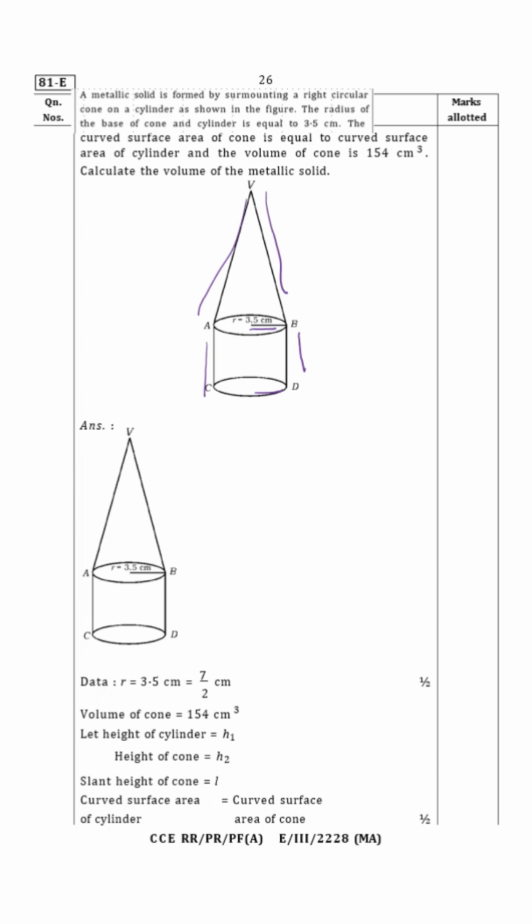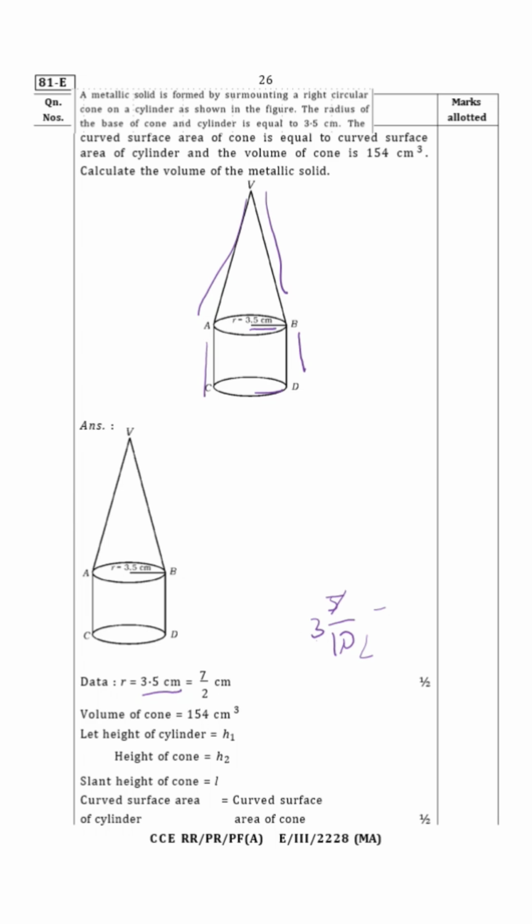What is given here? Radius of base of cone as well as cylinder is 3.5 centimeter, which is equal to 7 by 2. Volume of cone is given, 154 centimeter cube.